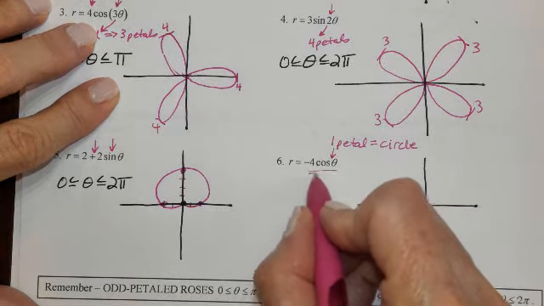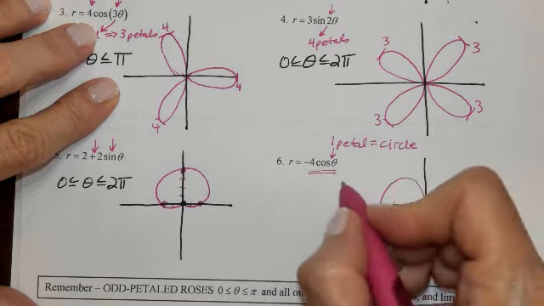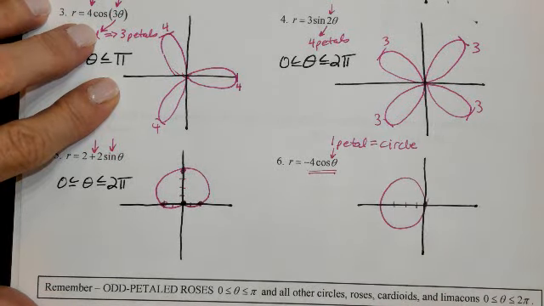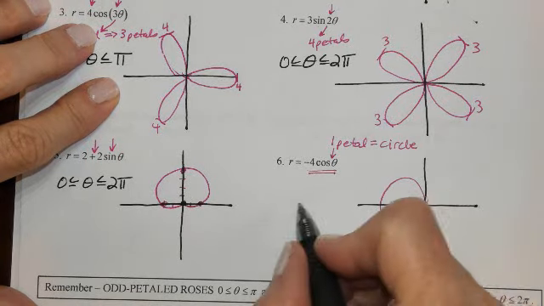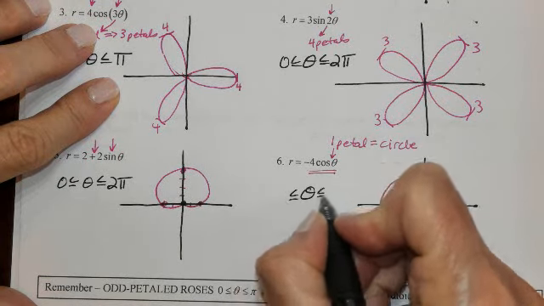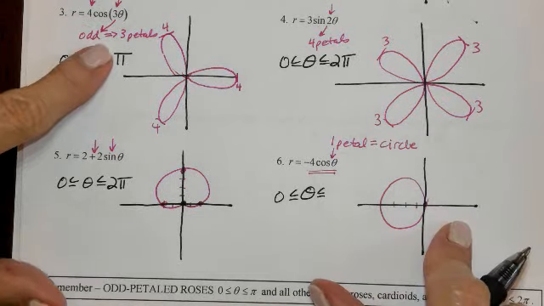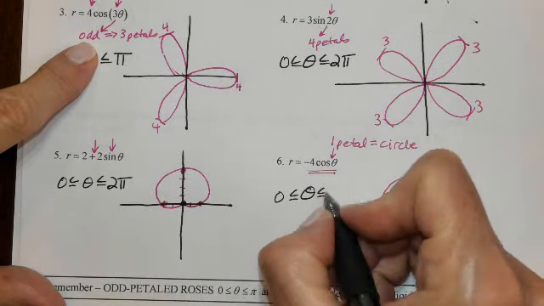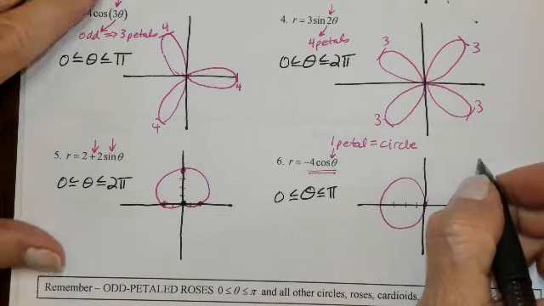So that's just a circle, but you can think of it as a 1-petaled rose. If you think of it as a 1-petaled rose, then what theta values do we need? 0 to what? Well, if it's a 1-petaled rose, that means it's an odd-petaled rose, so it only needs 0 to pi.